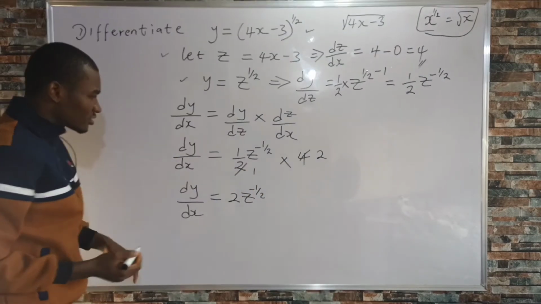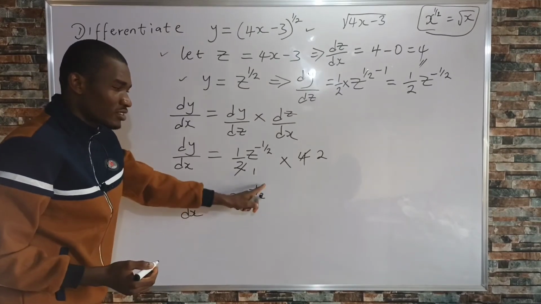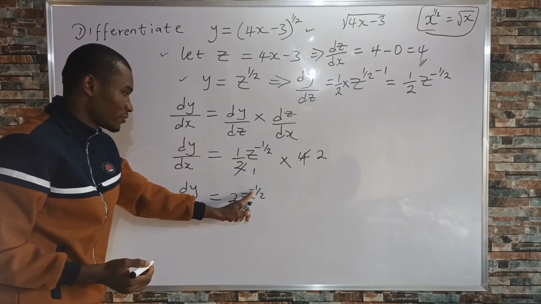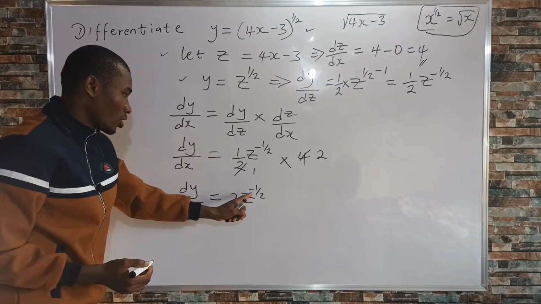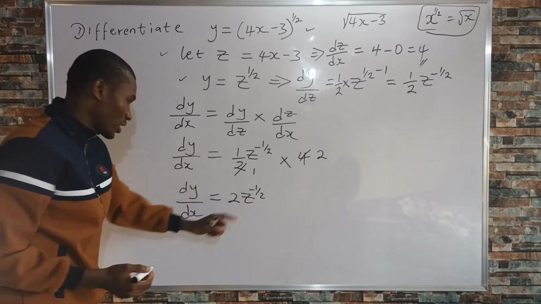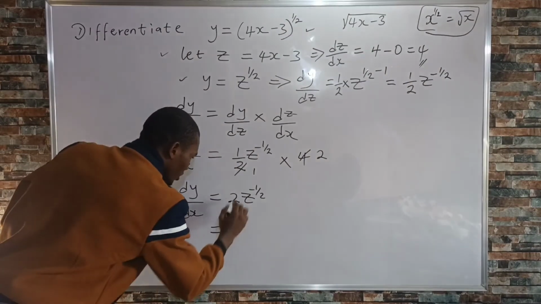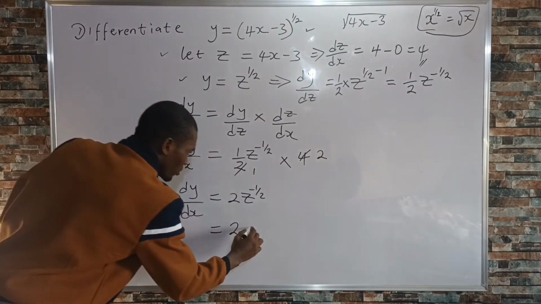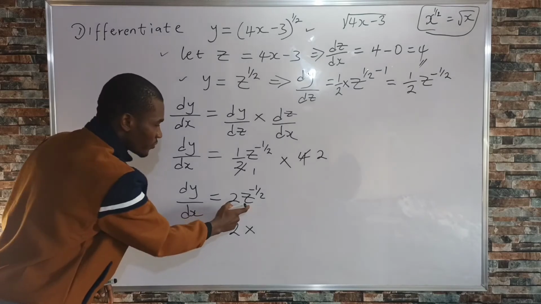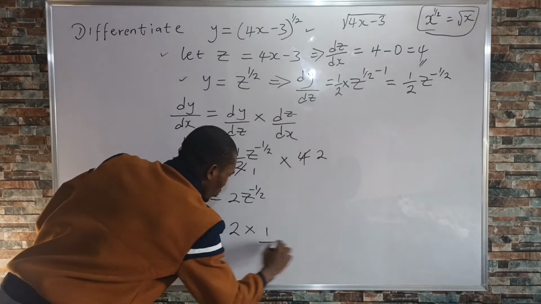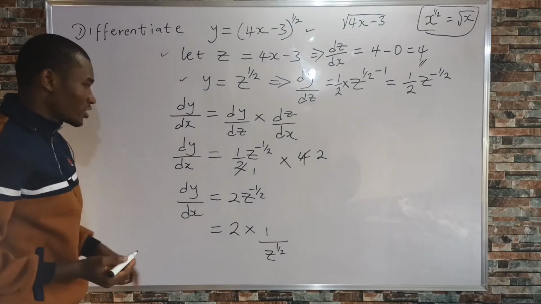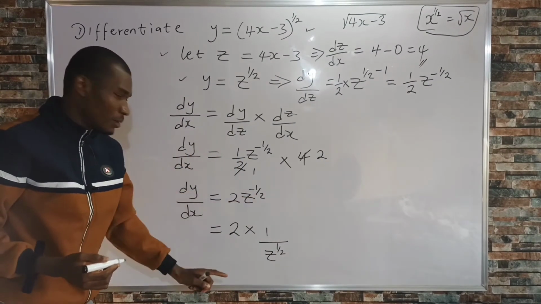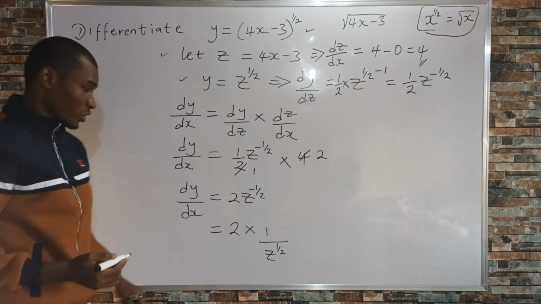But remember that for us to remove this negative sign here, we must take the reciprocal of this given z, okay? So hence we have 2 multiplied by, taking the reciprocal of this z, 1 over z raised to the power of half. So we succeeded in removing the negative value here by taking the reciprocal of this, okay?